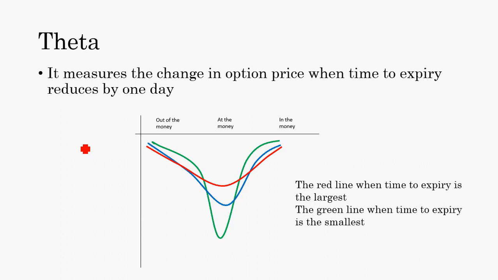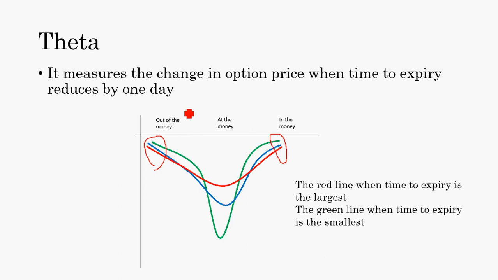So the time value is higher for an at the money option. So generally the theta values are higher for at the money options compared to out of the money or in the money options. And if you look at this diagram, the green line represents when the time to expiry is lowest, and the red line represents when the time to expiry is highest.